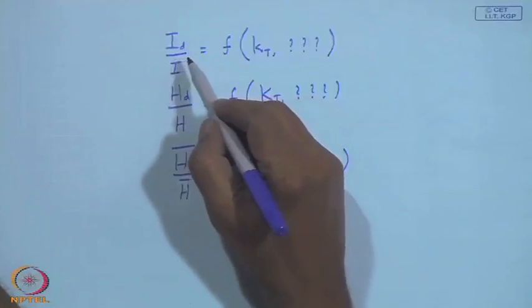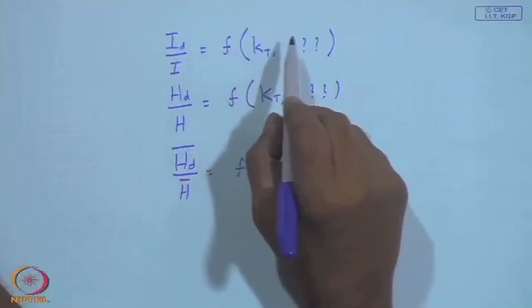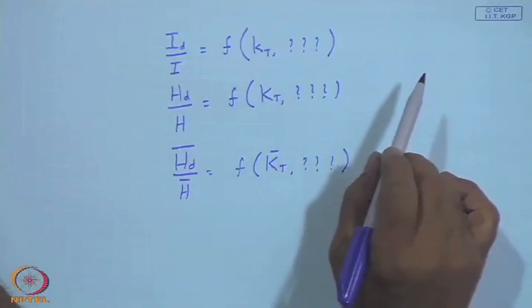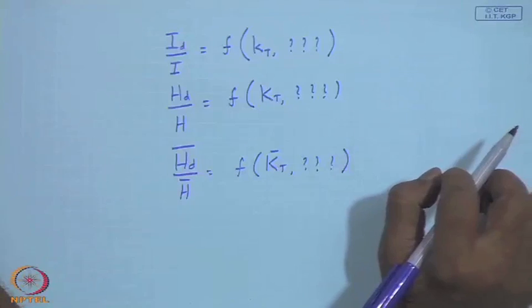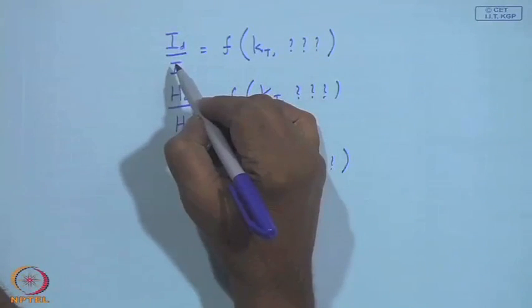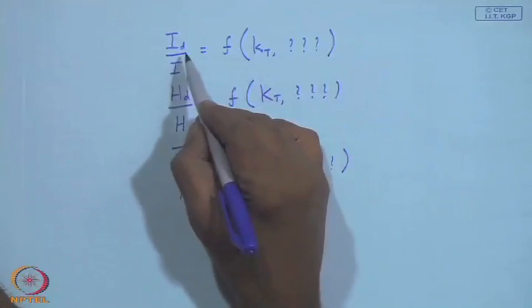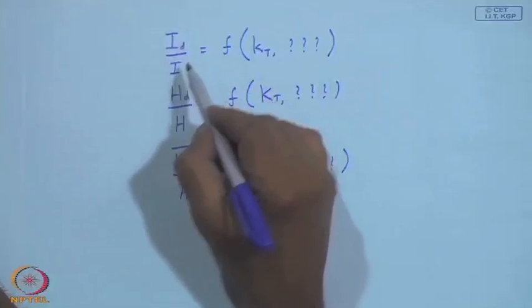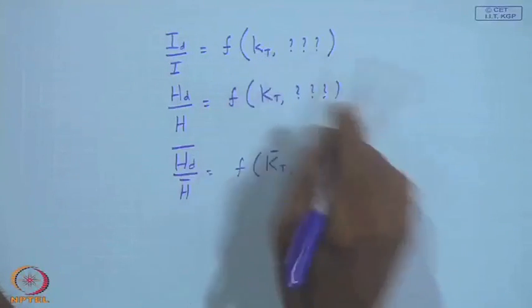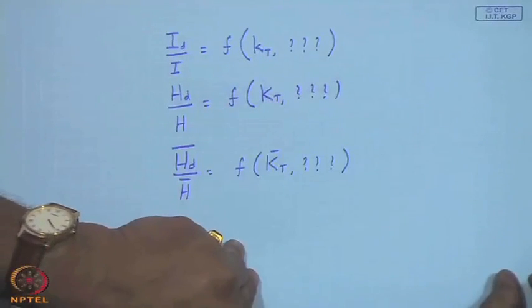And one might wonder, instead of I d by I, why not I b by I? When I was first going through that, I wondered, since beam direct radiation is 70% of that, why not? But the measurements of I b are definitely fewer compared to diffuse measurements, and so it happened that this diffuse fraction correlates very well with this clearness index, which is nothing but the radiation available on the earth surface to the extraterrestrial radiation.